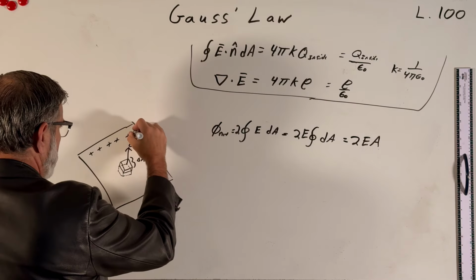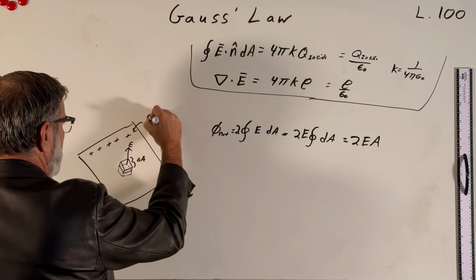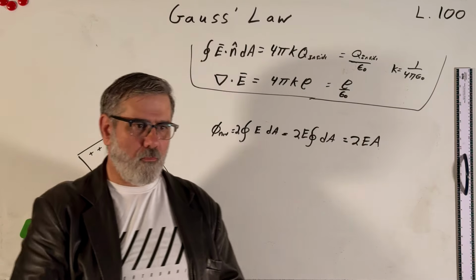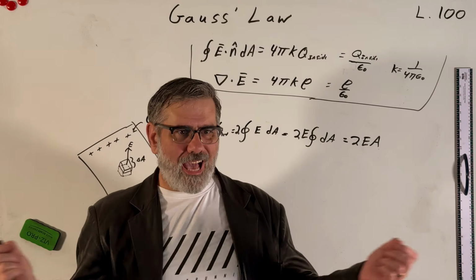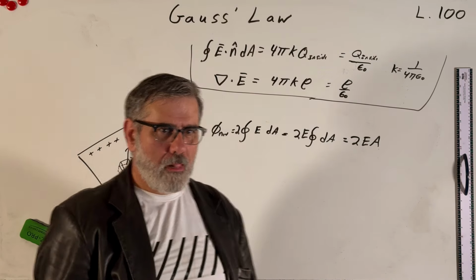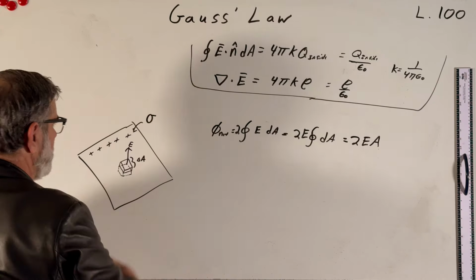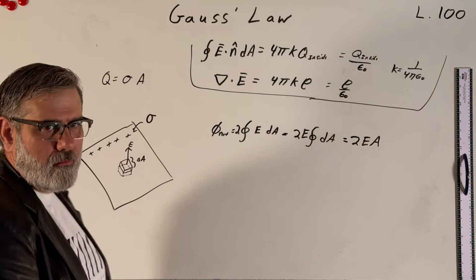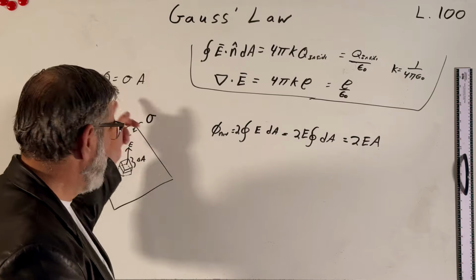The charge density, how much charge, is given by sigma. Remember, for surface areas we use sigma, for volumes we would use rho, and for lines of charge we use lambda. So Q is equal to sigma times A: I multiply the area times the charge density, then I get the amount of charge.